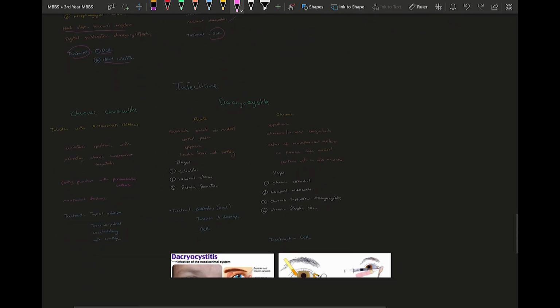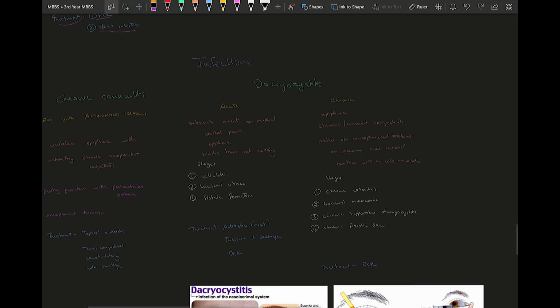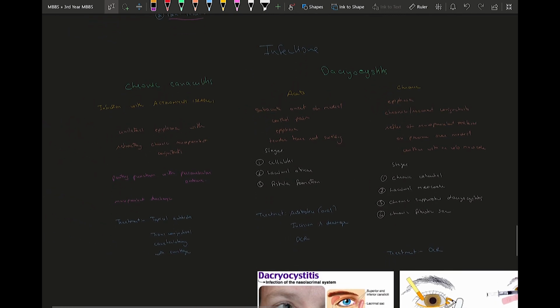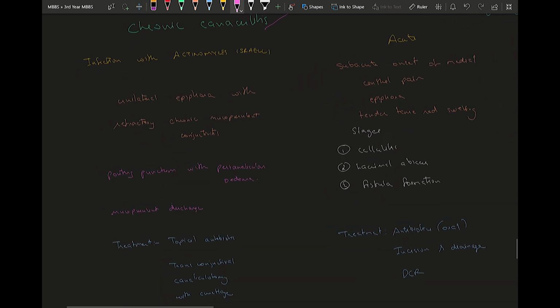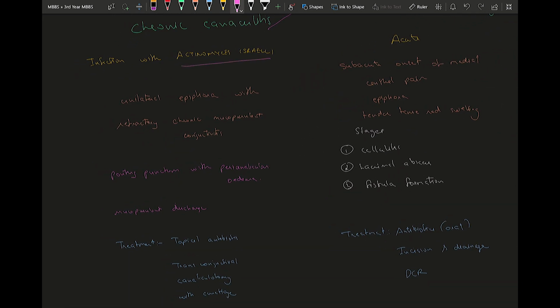Now moving on to the last part for today, the infections. There are only two main infectious conditions of the lacrimal apparatus: chronic canaliculitis and dacryocystitis. Canaliculitis is due to Actinomyces israelii, and there is unilateral epiphora with refractory chronic mucopurulent conjunctivitis.